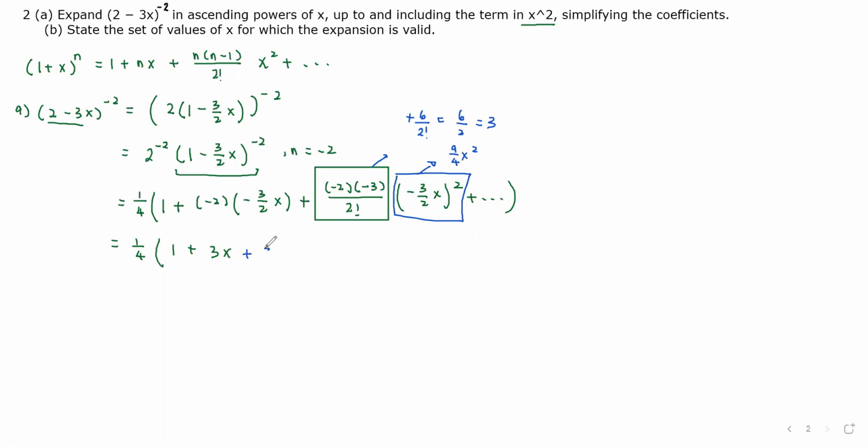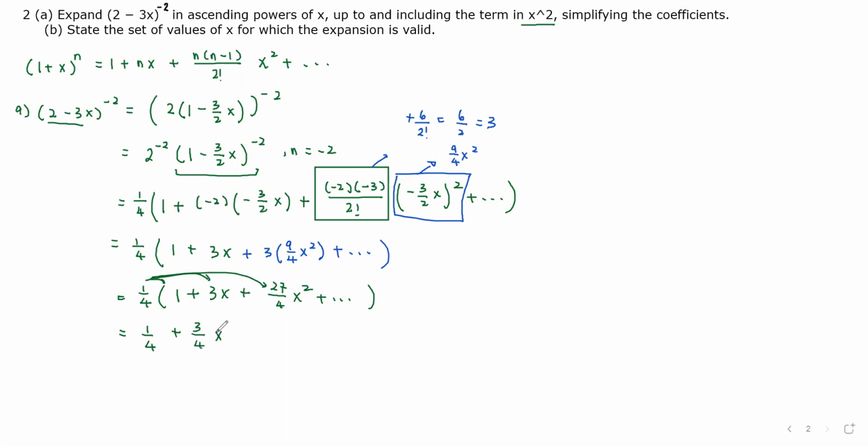So we have 3 multiplied by 9 over 4 x squared. This becomes 1 over 4 times 1 plus 3x plus 27 over 4 x squared. Because we need to simplify the coefficients, we expand so that we have 1 over 4 plus 3 over 4 x plus 27 over 16 x squared.